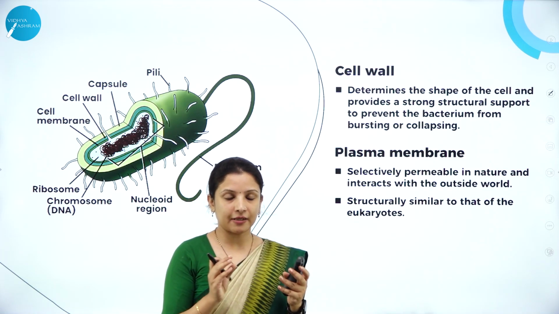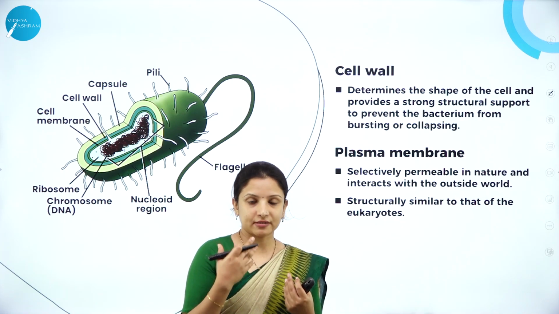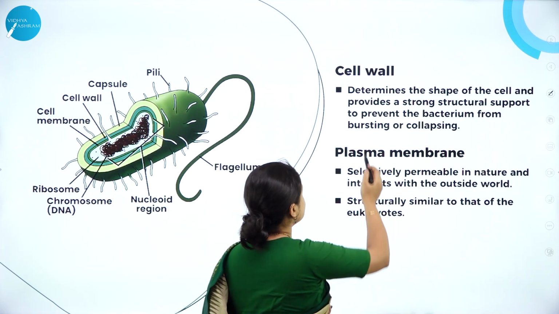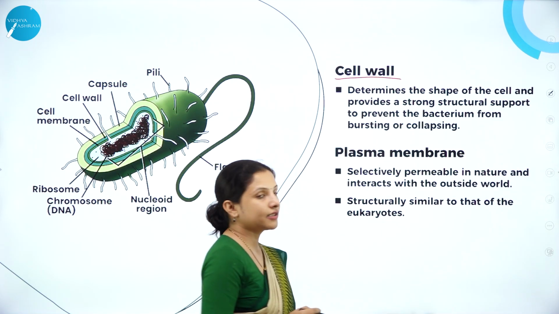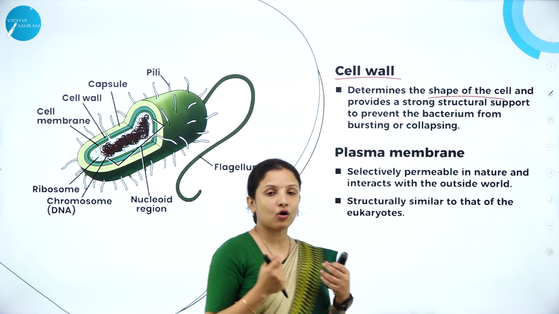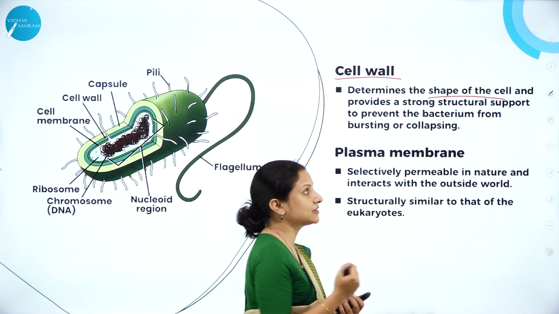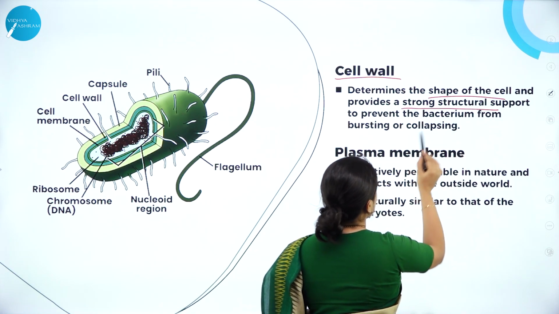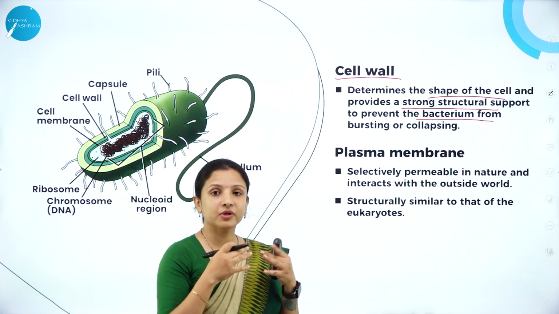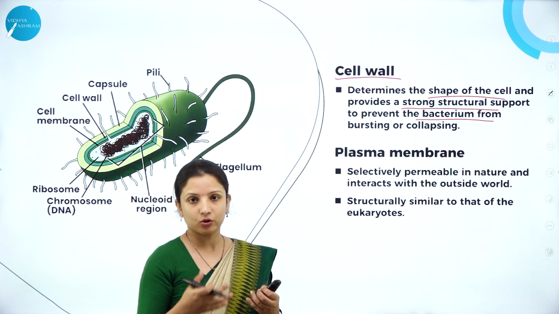Next, talking about the cell wall. The shape of the bacteria, whether it should be rod shaped, coccus shaped, or ribbon shaped, all that depends upon the cell wall. So cell wall actually determines the shape of the cell of the bacteria, and apart from that, it also provides structural support or mechanical strength to the bacteria, especially to the cytoplasmic content, wherein it prevents the bacteria from bursting, therefore preventing the oozing out of the cytoplasm.